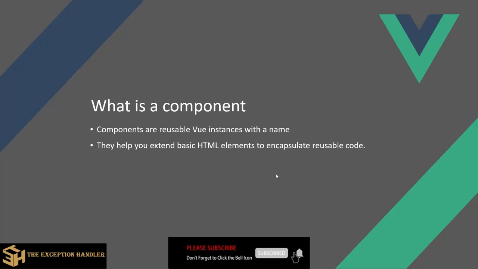Vue has a component based architecture where you can divide your complete application into smaller components so that your code becomes more reusable, readable, and you can extend the functionalities as and when the requirement comes in.